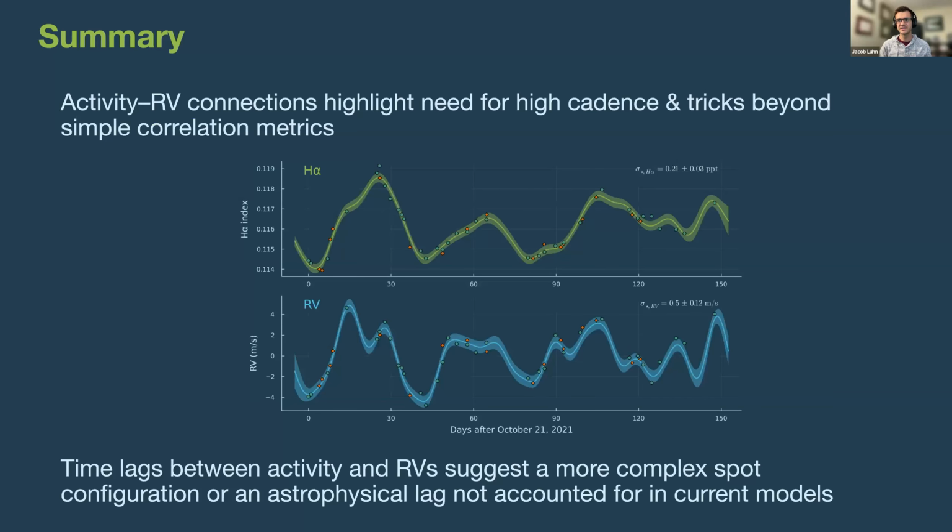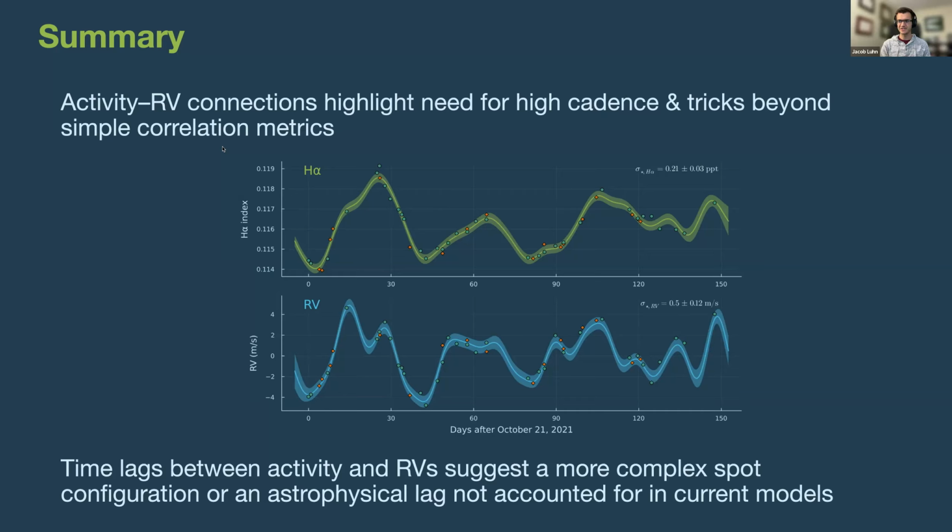So to summarize this section on activity in this very interesting target, again, this is a word of caution for simple correlation metrics. We see that in the presence of time lags, a raw correlation doesn't tell the full story.